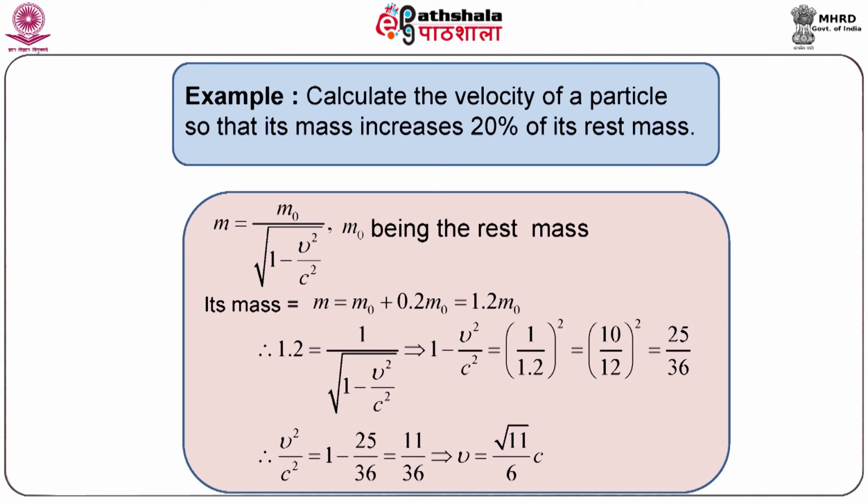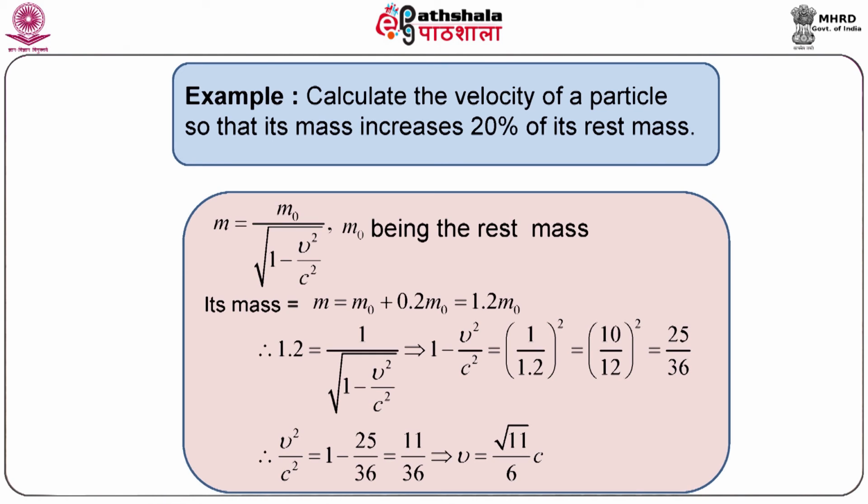If we substitute these in the previous equation, we get this result. This gives 1 minus v² divided by c² is equal to (1 divided by 1.2) squared. This finally gives 25 divided by 36.